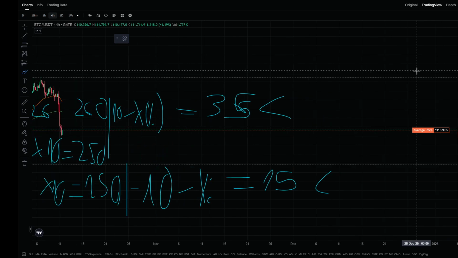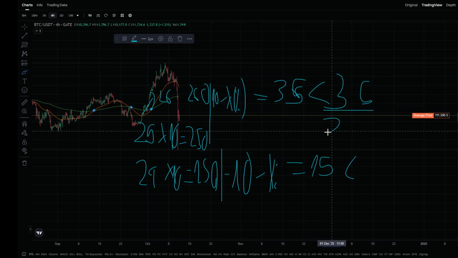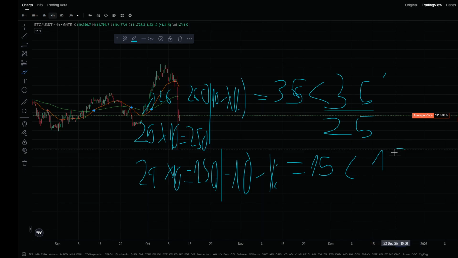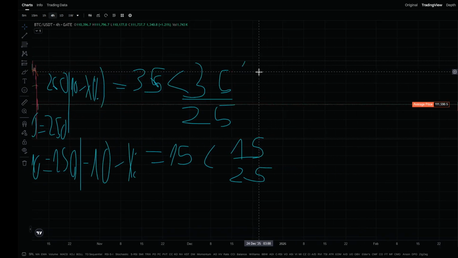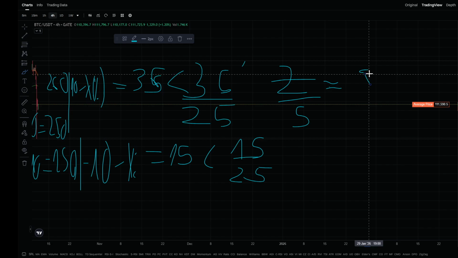So you make 35 from 25. The thing is that's around 70, which is around a 40% increase. Minus fees, it should be near 40%.